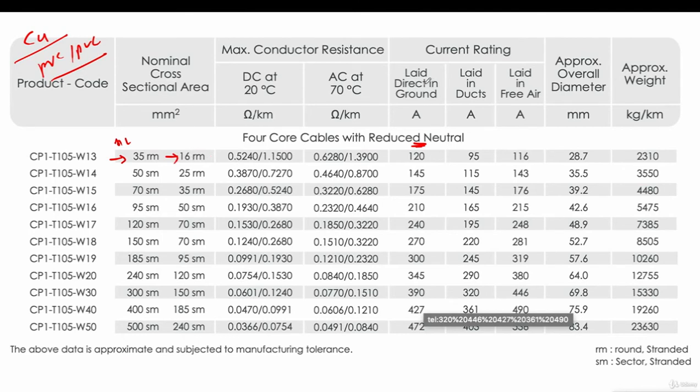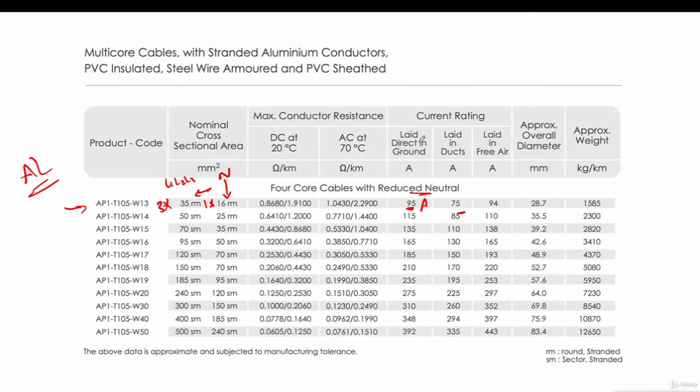If laid direct in ground it can hold up to 120 for copper, and for aluminum 95.